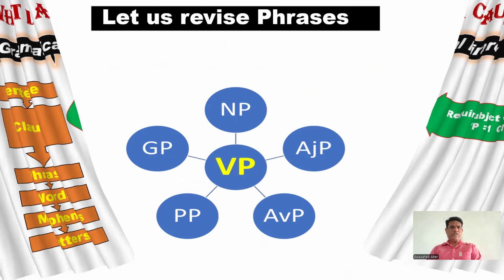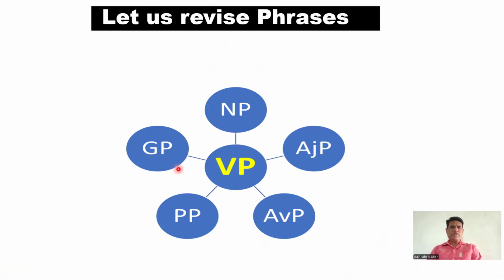Now let us revise the phrases, because we have to give the form and function labels to the phrases too. If we know the phrases, then you will find this exercise a pretty easy one. We have already studied these phrases in the first semester, and we were also tested on them in the examination.